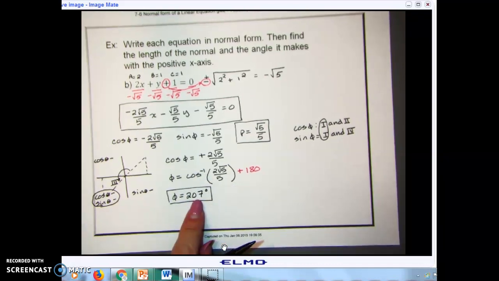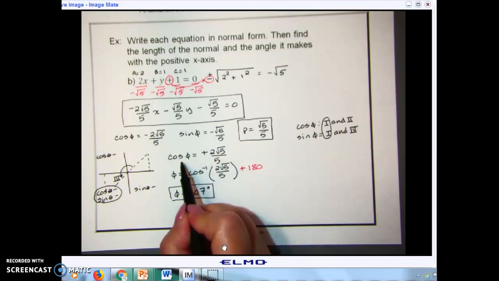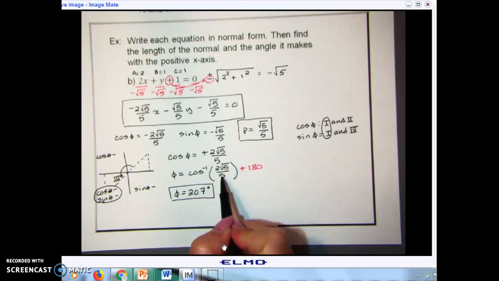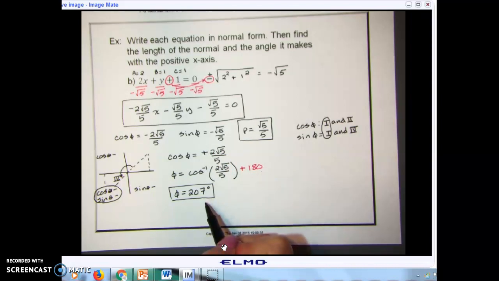And then just to double check, that is between 180 and 270, so that did give me a quadrant 3 answer. So anytime it's quadrant 3, you're going to use the cosine or the sine of the absolute value, and then once you figure out that angle measure, you're going to add 180 to put it in quadrant 3.